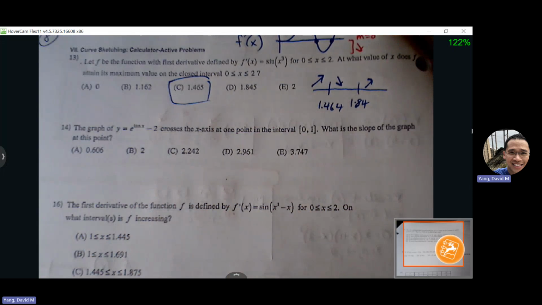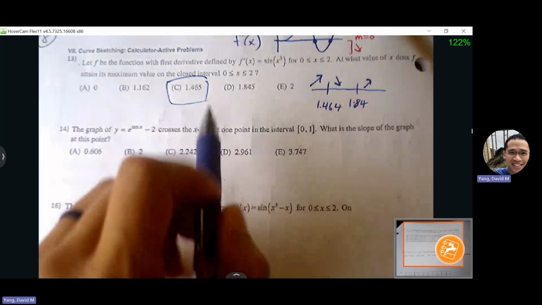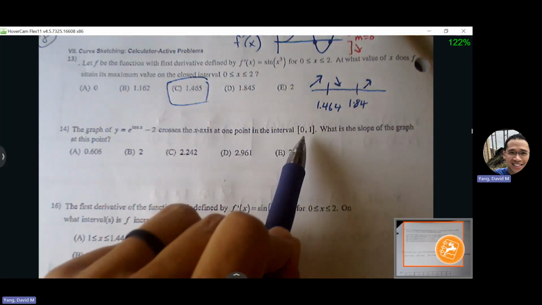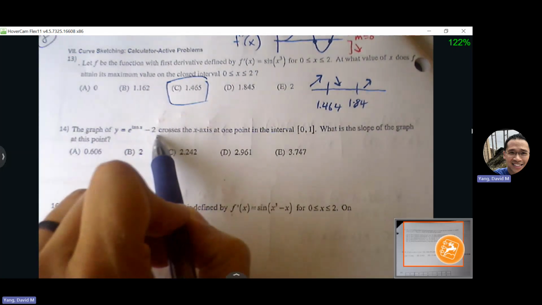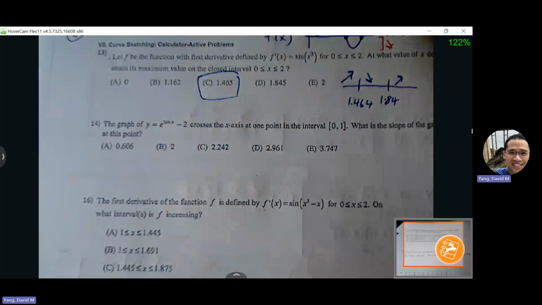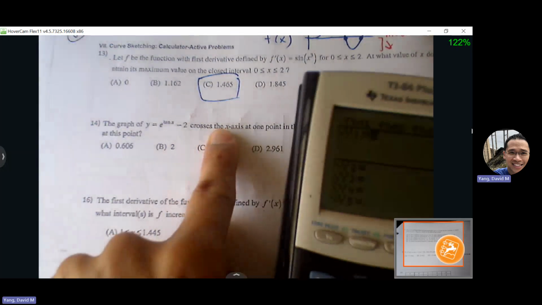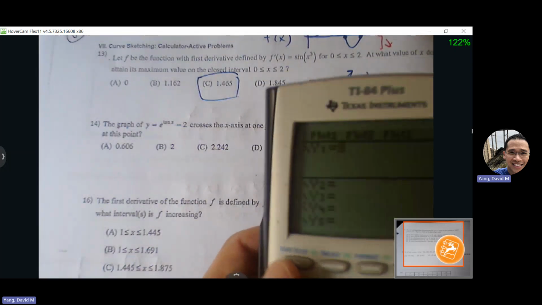What is the slope of the graph at this point? So what we can do is we can find, first off, where it crosses the x-axis. And then from there, we can find the slope of this graph at that point. First things first, we can graph it and look to see where it actually crosses the x-axis. We need that information from the calculator. So e to the 10x minus 2.